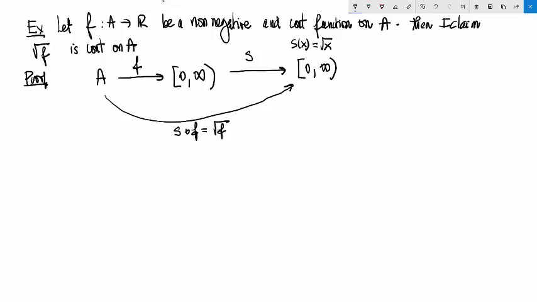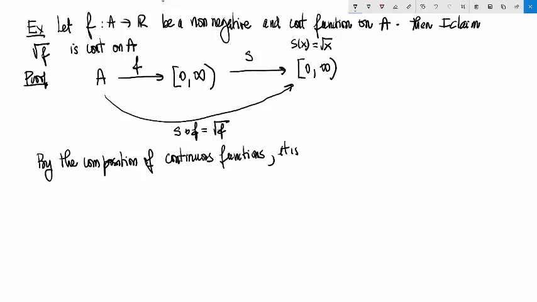And by the composition of continuous functions, it is clear that square root of f is continuous on A. Again, we are taking for granted here that s is continuous on its domain, the square root function.